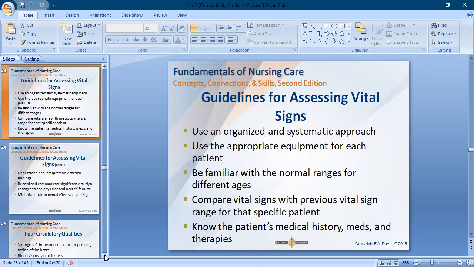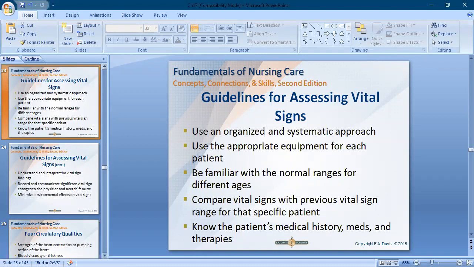Be familiar with the normal range for different age groups, right? Also compare the vital signs with the previous vital sign range for specific patients, and also know the patient's medical history, what medication they take, and also therapy.